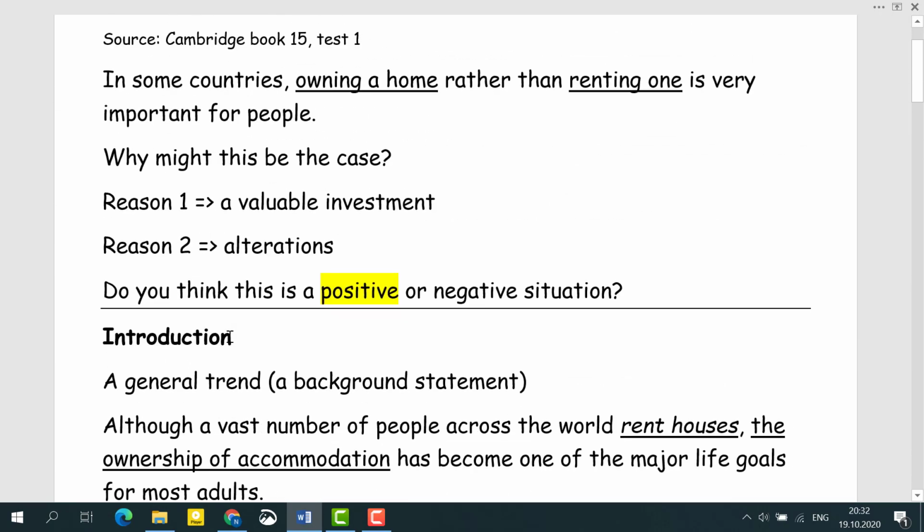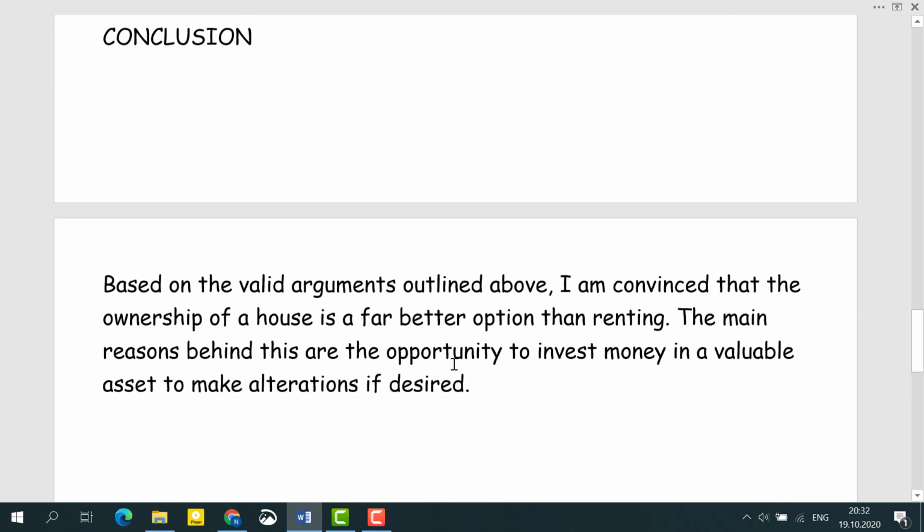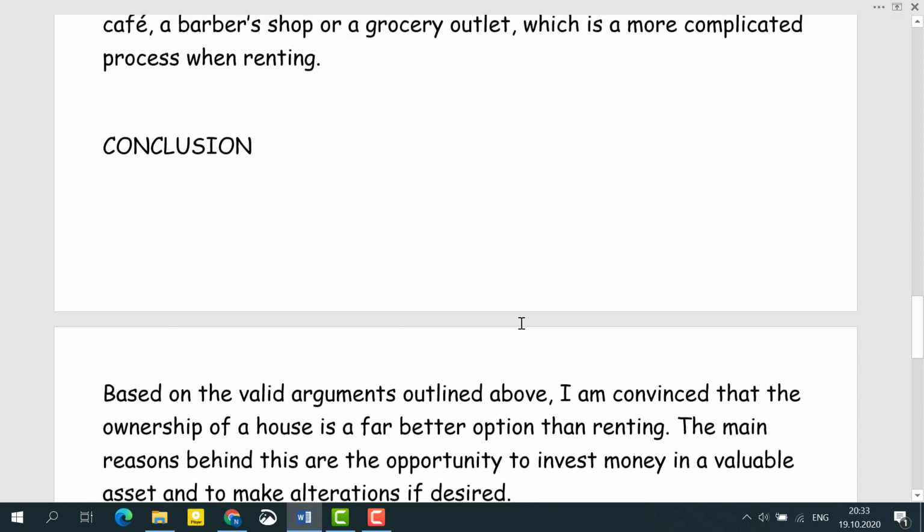So again, I'm referring back to my plan, a valuable investment. And then the second reason, to make alterations if desired. Alteration means changes. If desired means if you want to, but you don't want to write if you want to. You want to use if plus past participle: if desired, if required, if necessary.